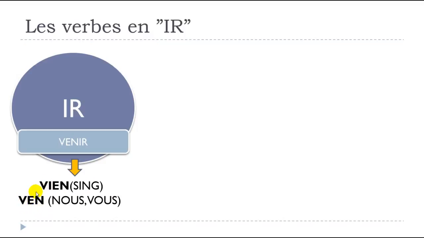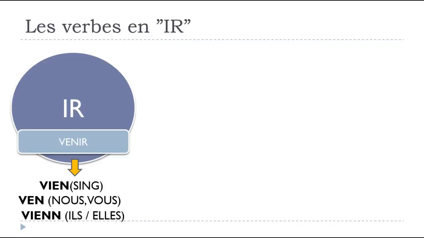So you can see that it's not the same. And last but not least, we'll have a third stem or root for il, elle at the plural form, and it will be vienn. This is the tricky thing with venir, and we'll see the other verbs that will be conjugated like it. You've got three forms here. So vien for the singular, ven for the plural, but only nous and vous, and then vienn for the plural, il, elle.